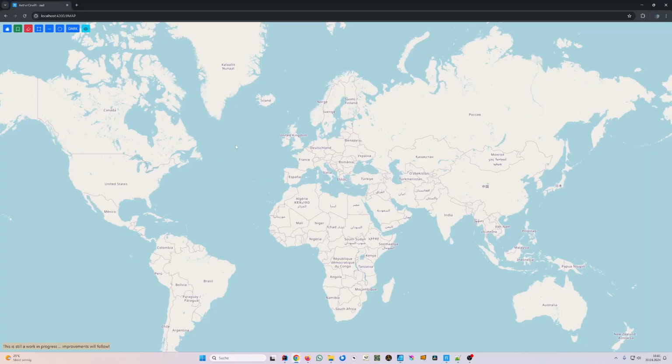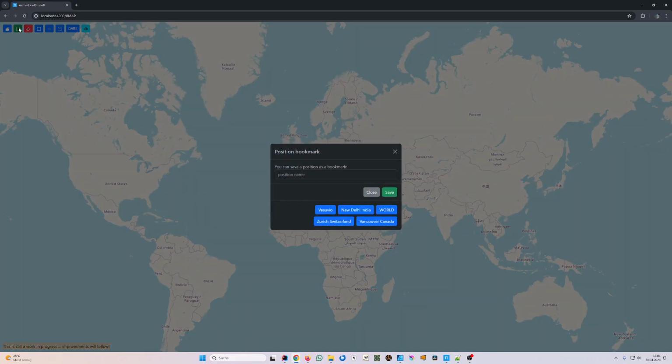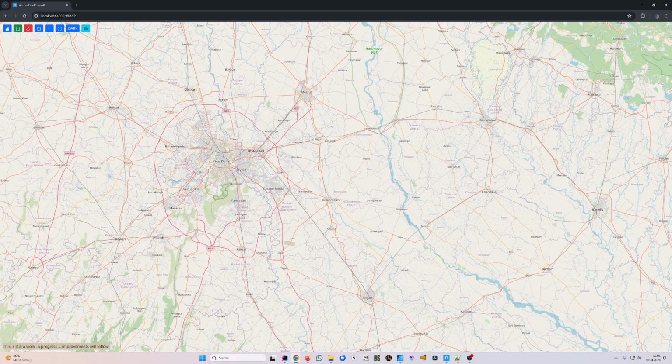Now I have put them on my bookmark, New Delhi in India, and you can use the circle here to select the area of your interest, how much you want to analyze.